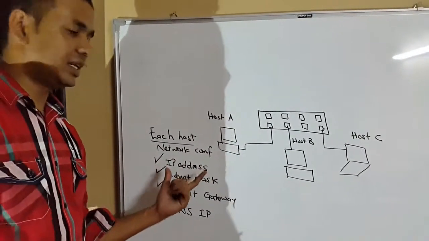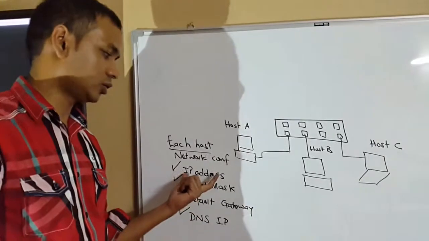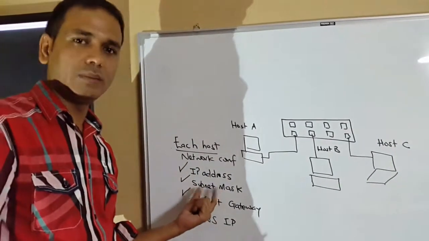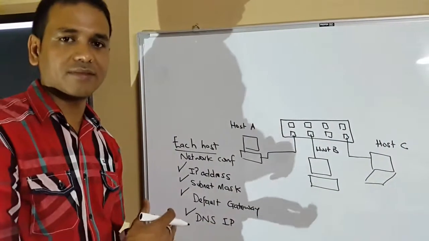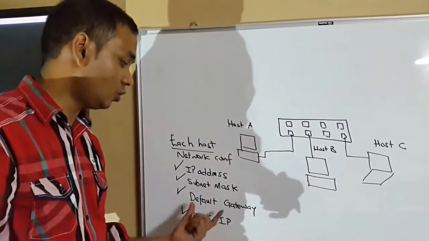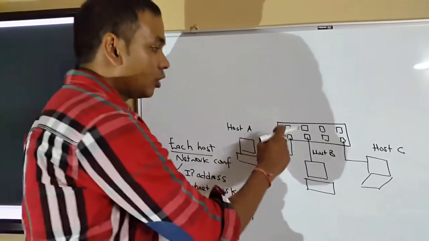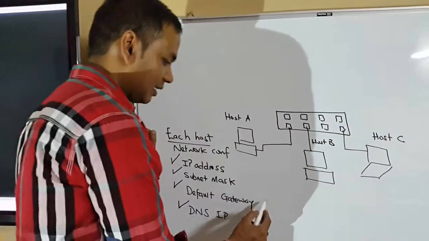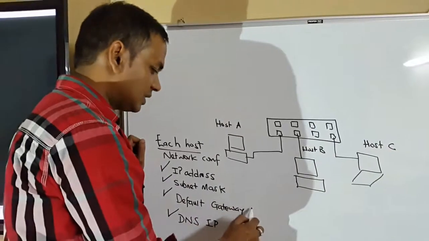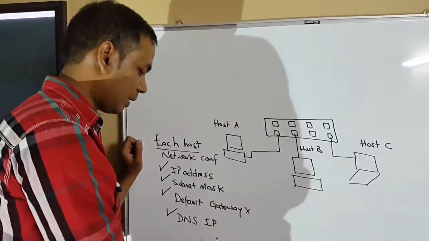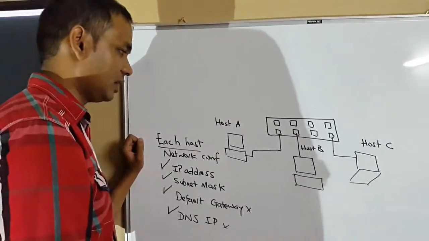The IP address needs to be unique on each host. The subnet mask will be the same because it is in the same network. It's 255.255.255.0. If I am going to use a switch and I want host A to communicate with host B, I won't need the default gateway or the DNS IP for the time being.